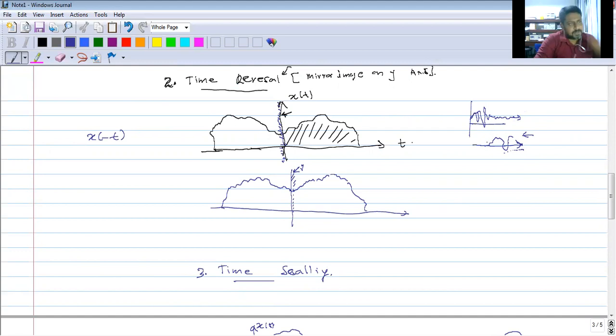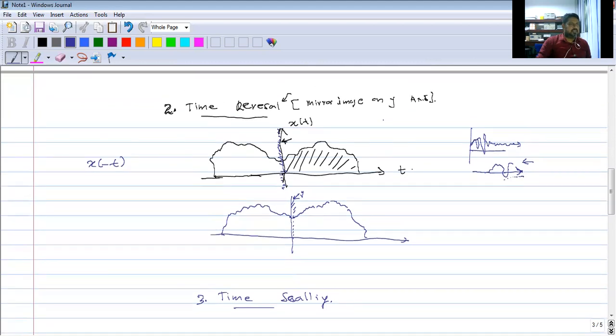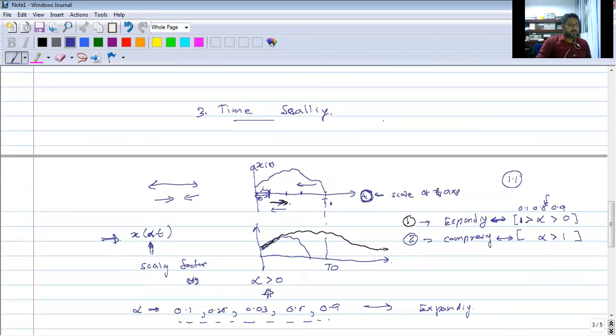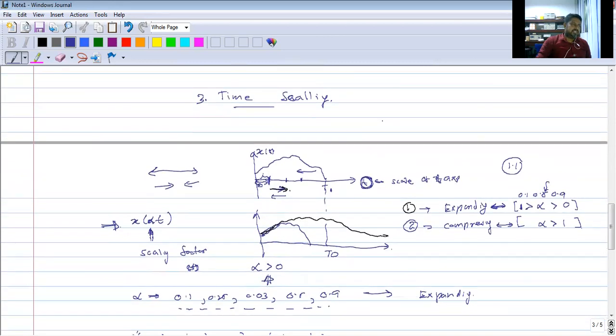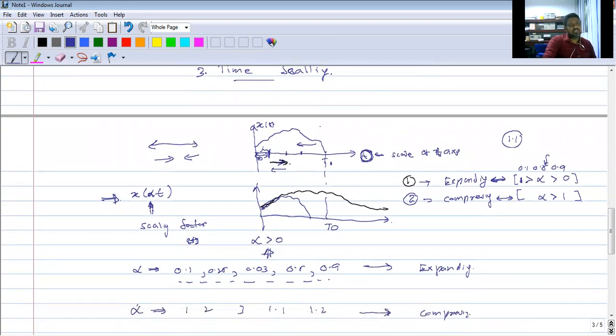So that is the example that came to my mind at this point. Anyway, there are many applications in which we are using time reversal techniques. And time scaling means, you know that in an oscilloscope, when we are going to see the signal, we are not going to change the frequency, but we are changing the time scale to view the signal very clearly.